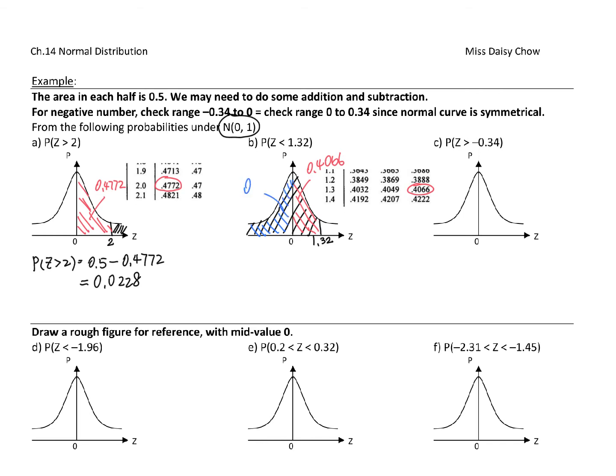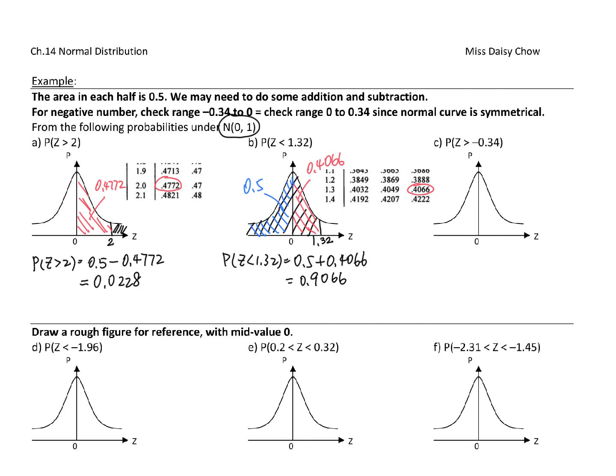Okay, this part is 0.5, 啱啱好係一半啦。So z smaller than 1.32 would equal 0.5 plus 0.4066. So the answer would be 0.9066.